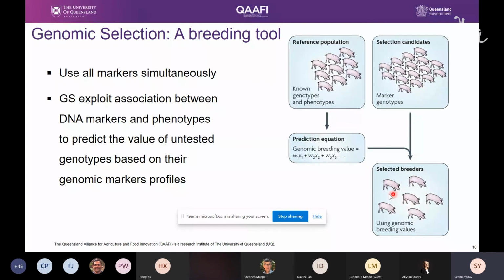We all know that this strategy was implemented first in livestock breeding, and it has already changed livestock breeding. Most cereal crops are successfully implementing genomic selection, but it is relatively new in sugarcane, and it will give a boost to improving sugarcane productivity.